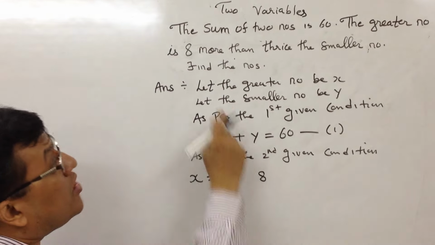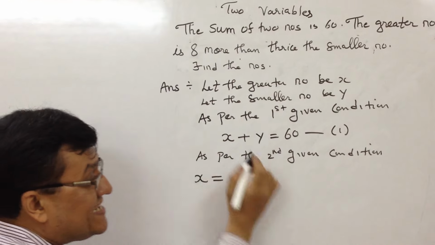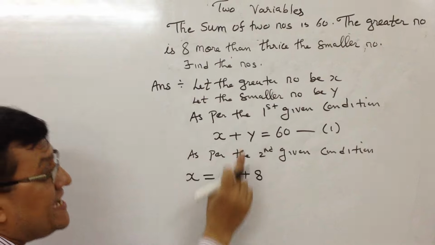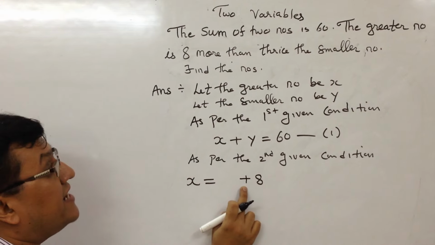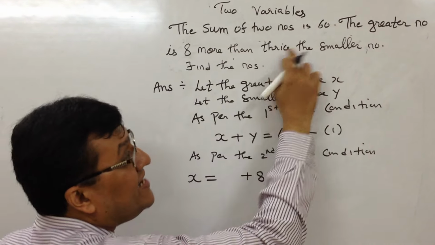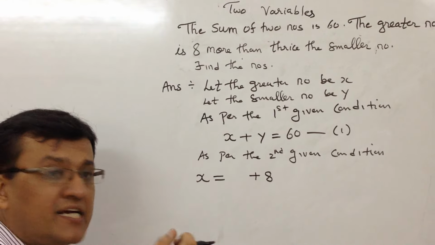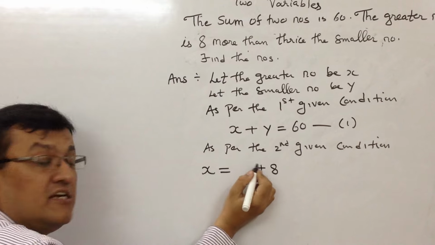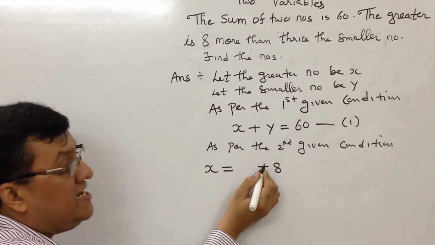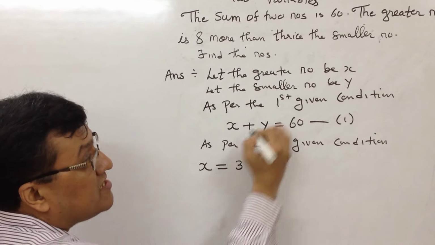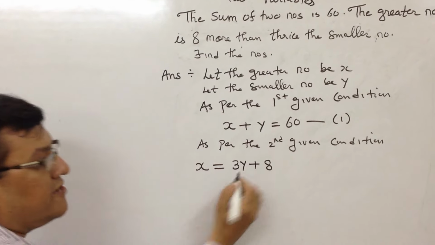Is 8 more. More tells me there has to be a plus sign. Then thrice the smaller number. I have a very simple technique: whenever the word then comes, go ahead of the sign. Thrice the smaller number, 3 times the smaller number over here, is y.